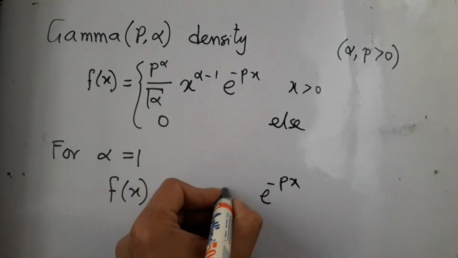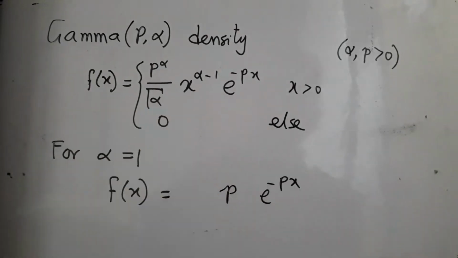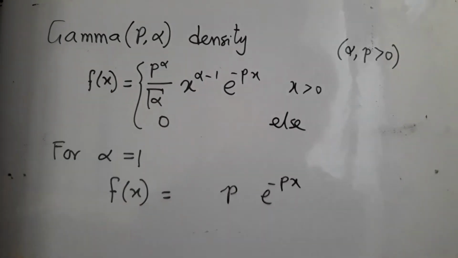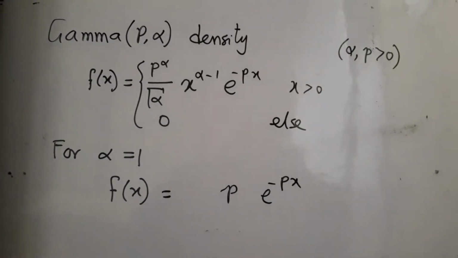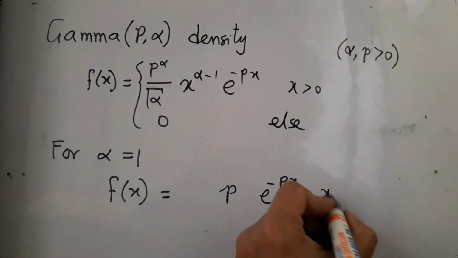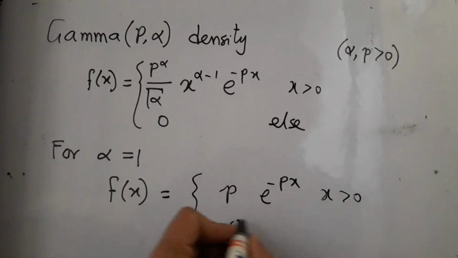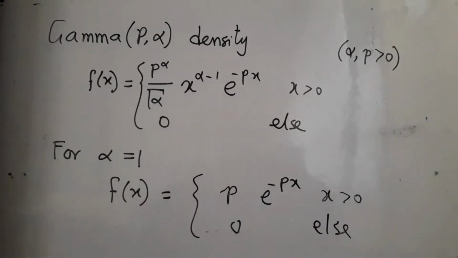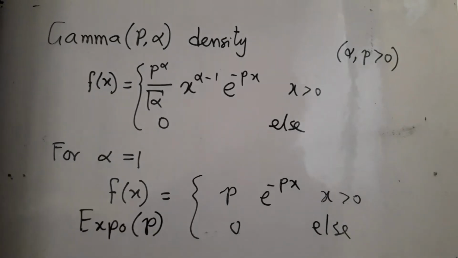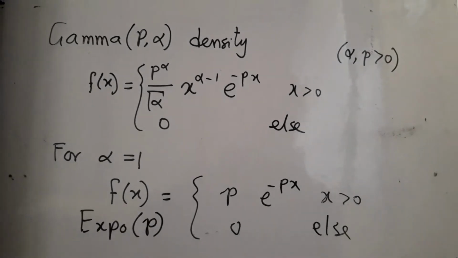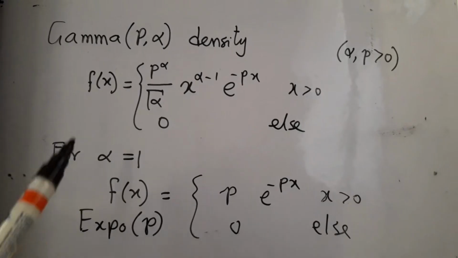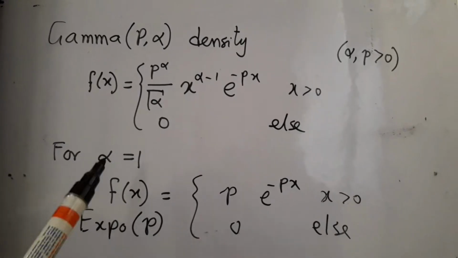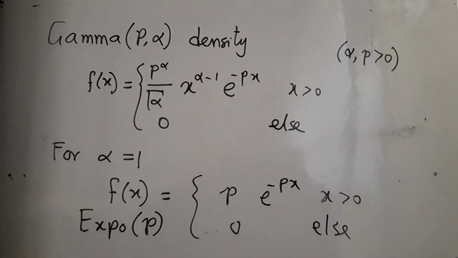This will simply become p. Downstairs you will have gamma 1, which anyway we know is 0 factorial, that is 1. So it is this when x is positive and 0 else. We quickly recognize this as our familiar density for exponential with rate p. So the exponential distribution is a special case of the gamma distribution.